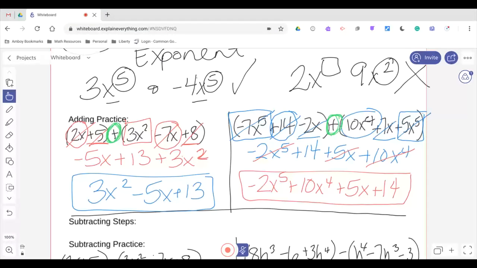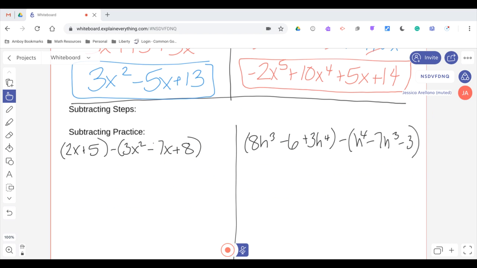Subtracting is going to look very similar. The only difference is that before I subtract, I need to distribute my negative. So let's write that down as our subtracting step here.